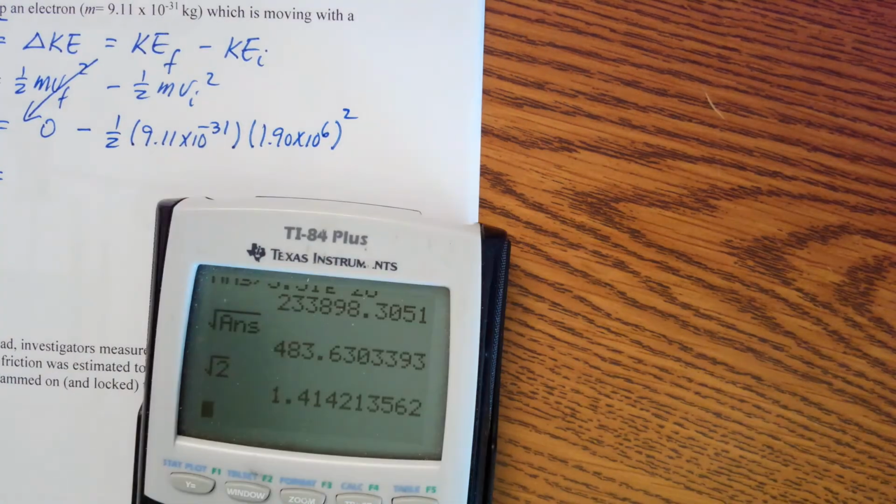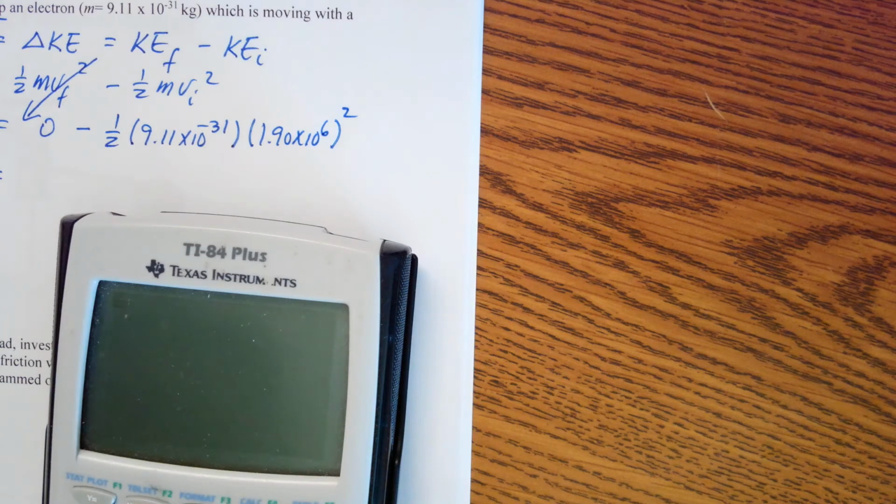So let's work it out. So 0.5 times 9.11 EE negative 31st times 1.9 EE 6th squared, right?